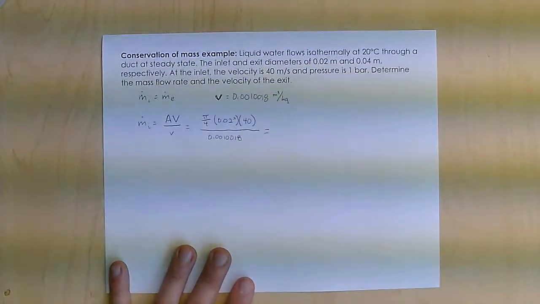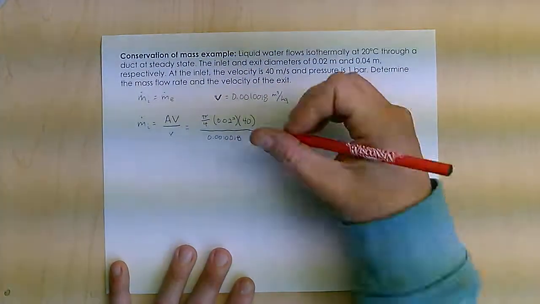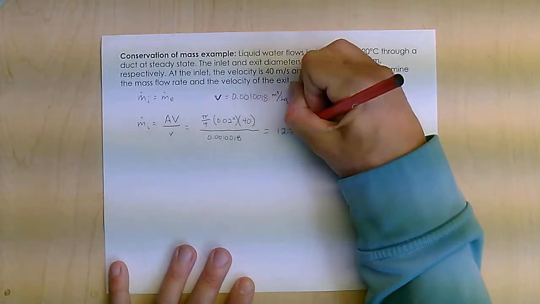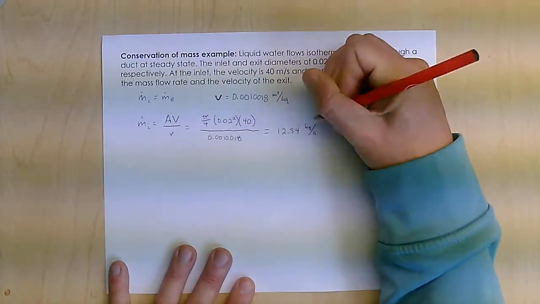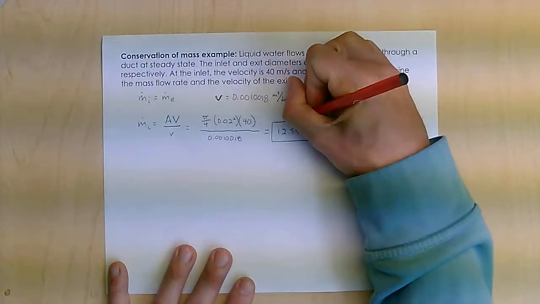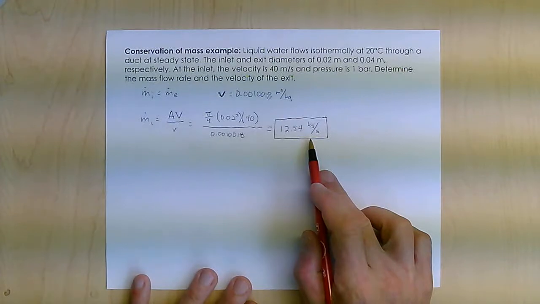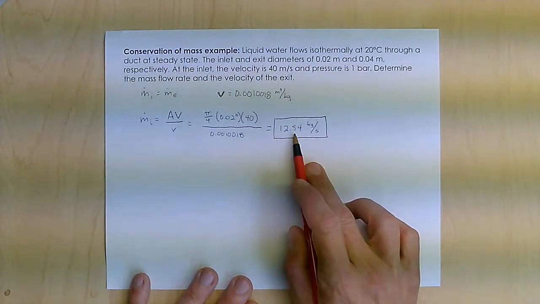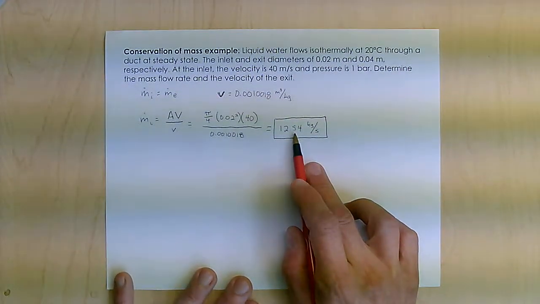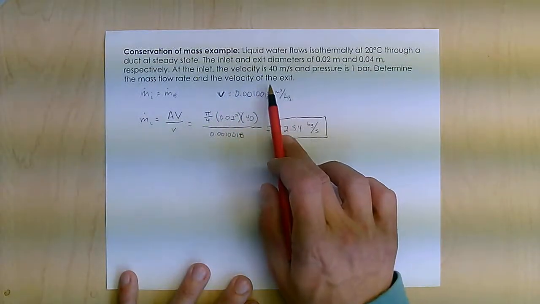From that, I find the mass flow is 12.54 kilograms per second. And that's constant, meaning for steady state, the inlet and outlet mass flow are exactly the same.